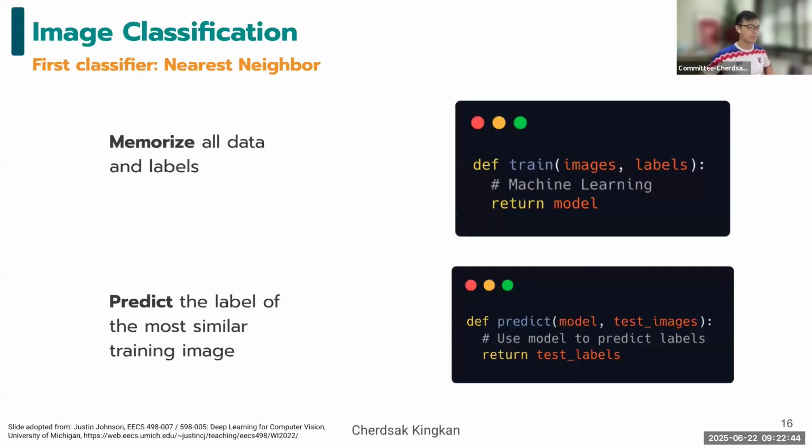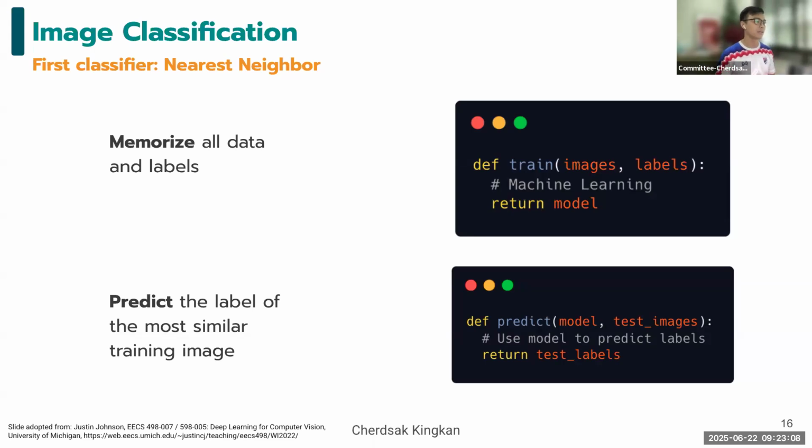So now we have been discussing the data sets, which are required for machine learning models, right? Now let's discuss our first classifier, the nearest neighbor image classifier.